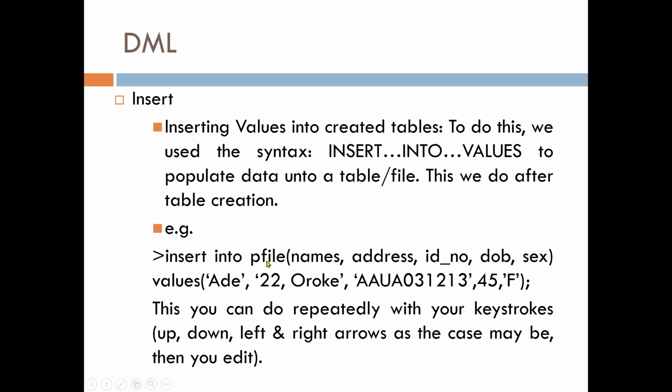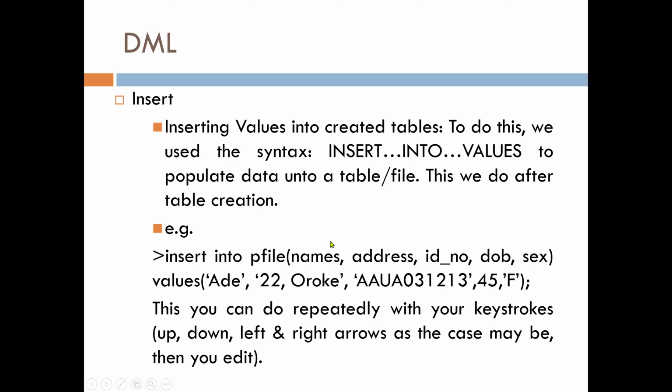So we're inserting into the P file the values. A name, an address, an ID number, we have that nice little ID number here, a date of birth, and then sex, female.